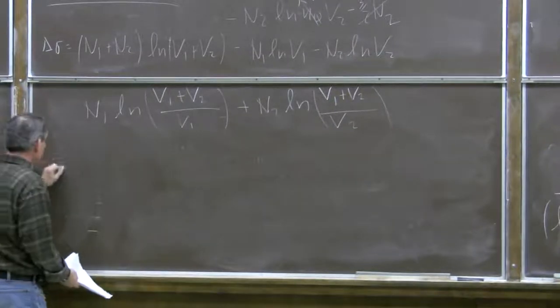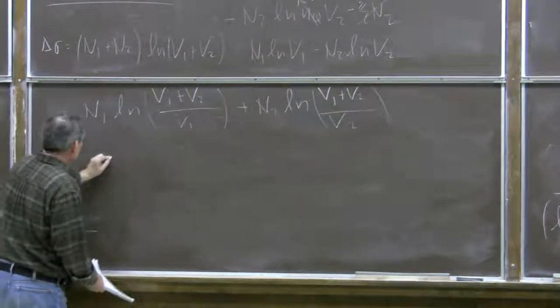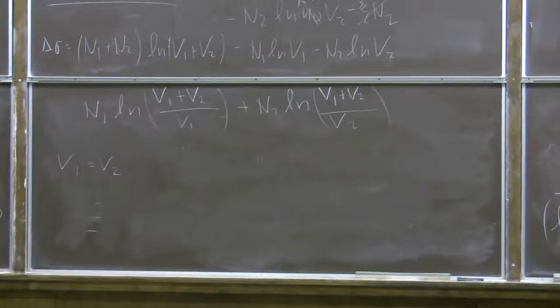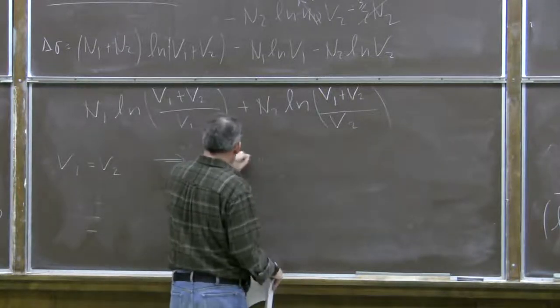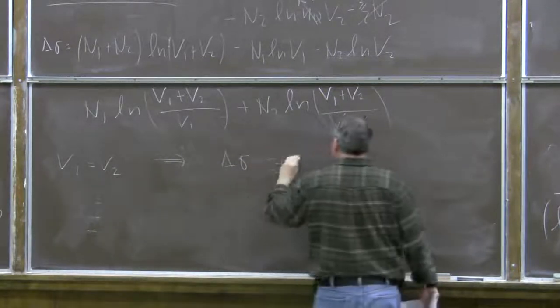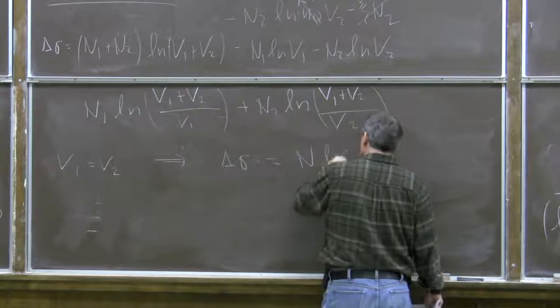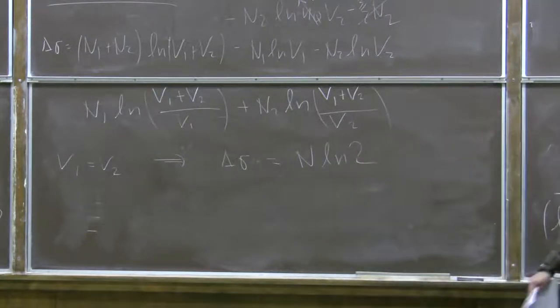So if V1 is equal to V2, then both logs are log of 2. So I get N1 times log of 2 plus N2 times log of 2. So the change in the entropy is actually proportional to N. It's N natural log of 2. Okay?